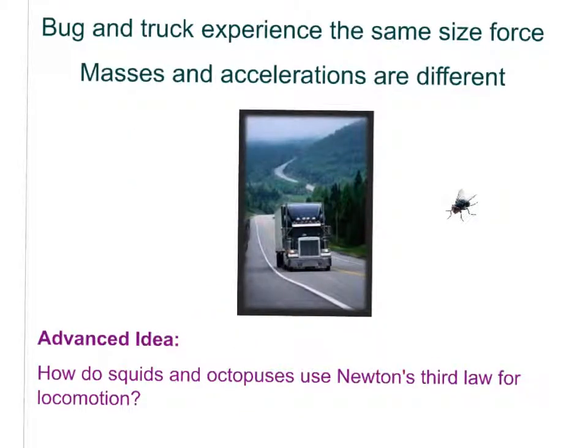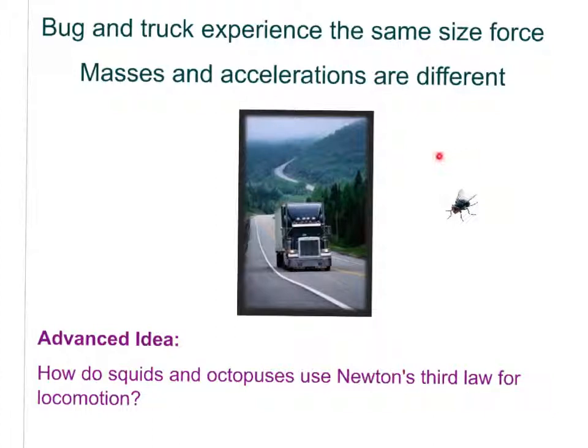Let's take the scenario of a truck driving down the road and a bug smacking into his windshield. Who experiences a greater force? Well, they both experience the same size of force. The magnitude of the force is the same. It's obviously in opposite directions.